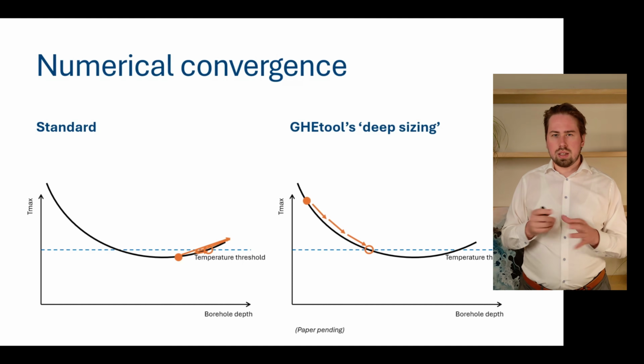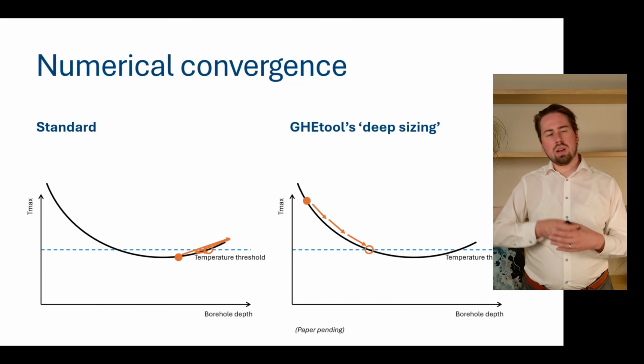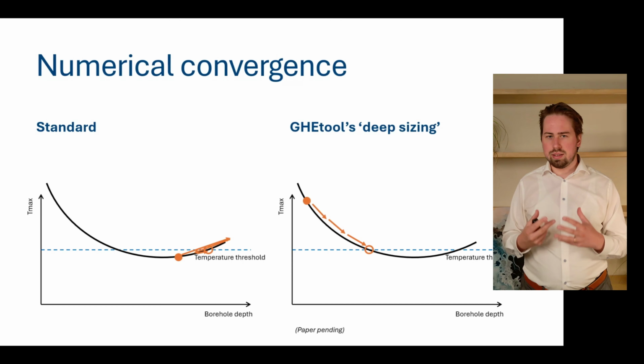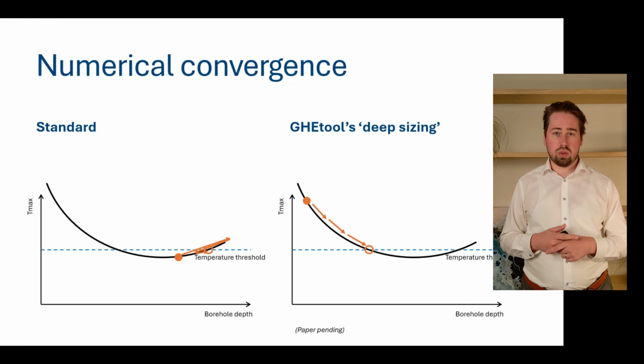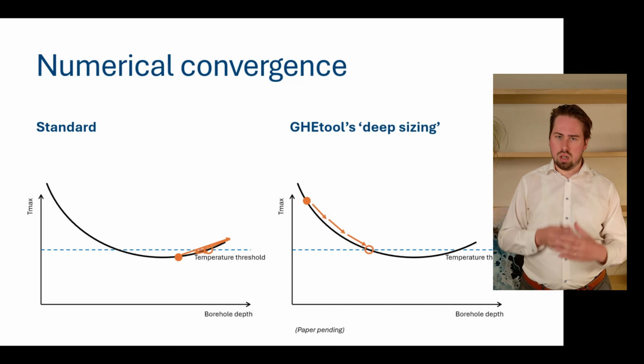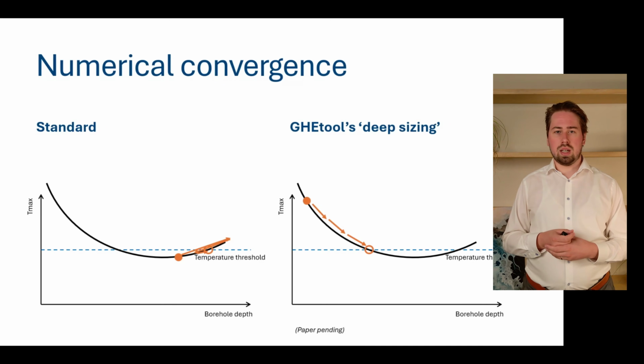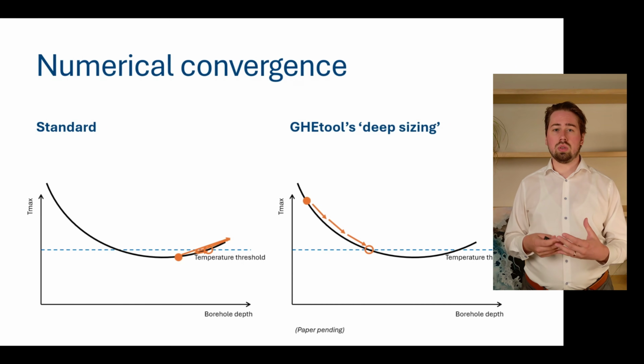So this is a little bit of theoretical background on how this method works and what the gradient error is. Now let us jump into GHEtool, see when the gradient error pops up, how you can overcome this, and how you can use this methodology to calculate the required borehole depth.